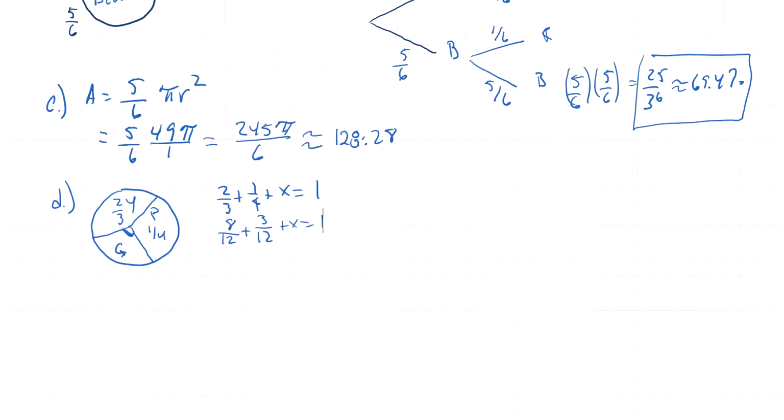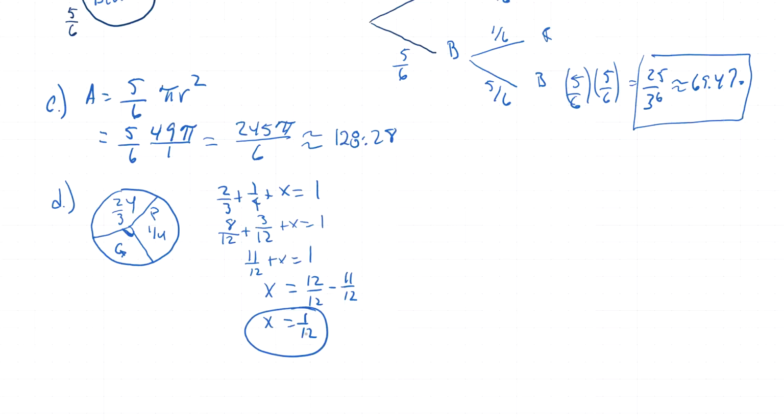So 3 and 8 is 11/12 plus x equals 1. Then I subtract 11/12 from both sides, and you get x equals 12/12, which is the same thing as 1, minus 11/12. So x equals 1/12. This is the probability for green.